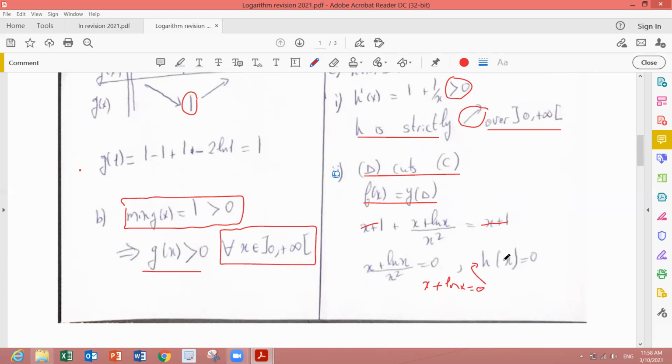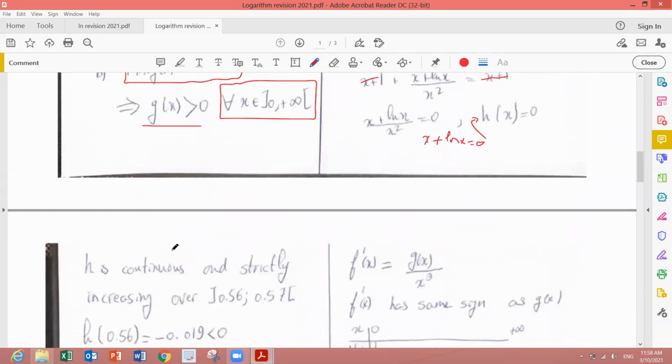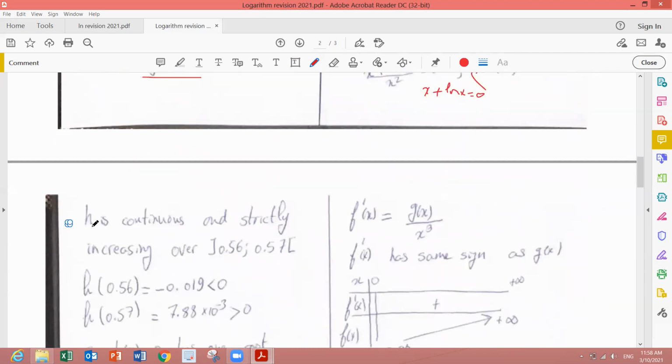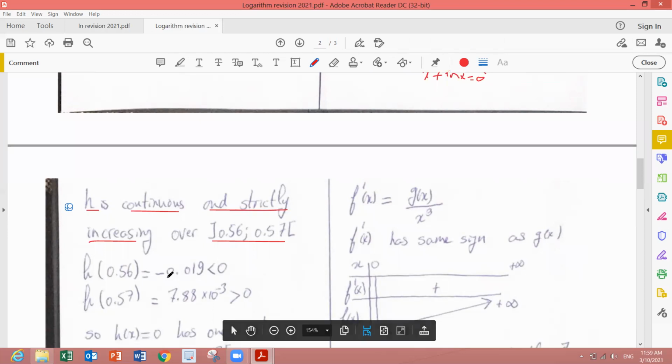How to prove the equation h(x) equal to 0 has only one root alpha? So h is continuous and strictly increasing, as proved in the previous part. H of 0.56 is minus 0.019, which is negative.